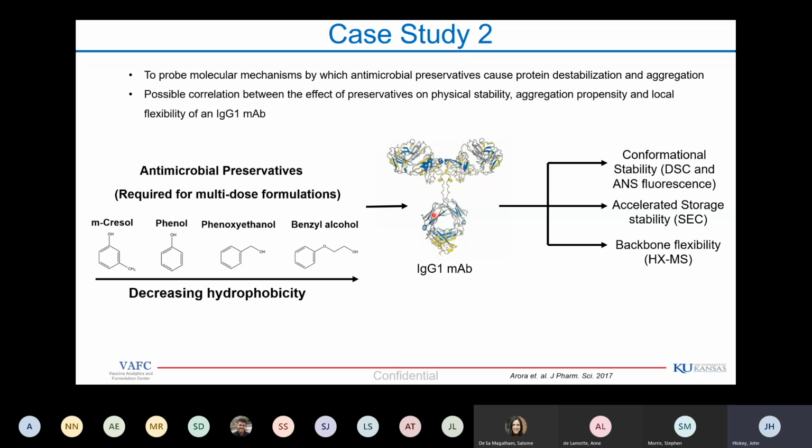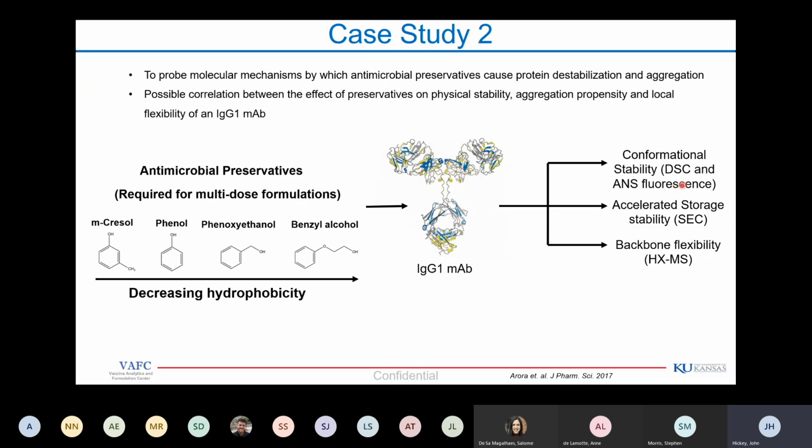For multi-dose formulations, preservatives are required to inhibit microbial growth during storage and administration, but are known to cause physical instability of protein-based drugs. So we studied the impact of 4 preservatives with different hydrophobicities, from the most hydrophobic methylcresol down to the least hydrophobic benzyl alcohol, and their interaction or effect on an IgG1 monoclonal antibody.